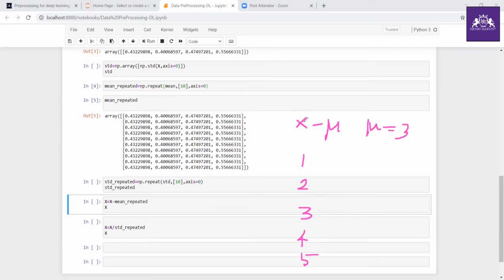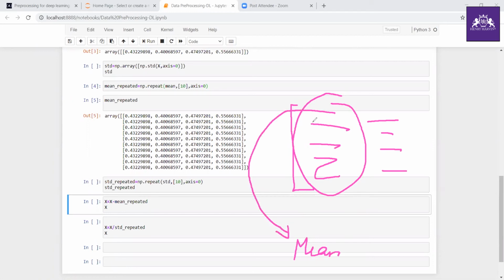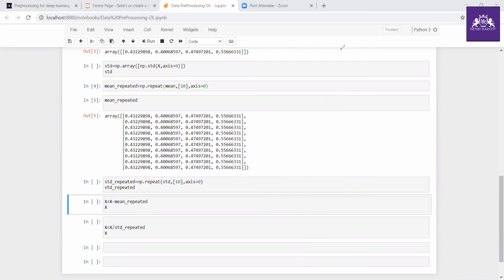So x minus mu means 1 minus 3 is minus 2, 2 minus 3 is minus 1, 3 minus 3 is 0, 4 minus 3 is 1, 5 minus 3 is 2. I have done the same thing over here. I had 10 cross 4 elements and computed the mean of it. Now I have 10 cross 4 elements and I want to subtract this from this. That is the reason I have repeated the mean values, and then done the calculation.